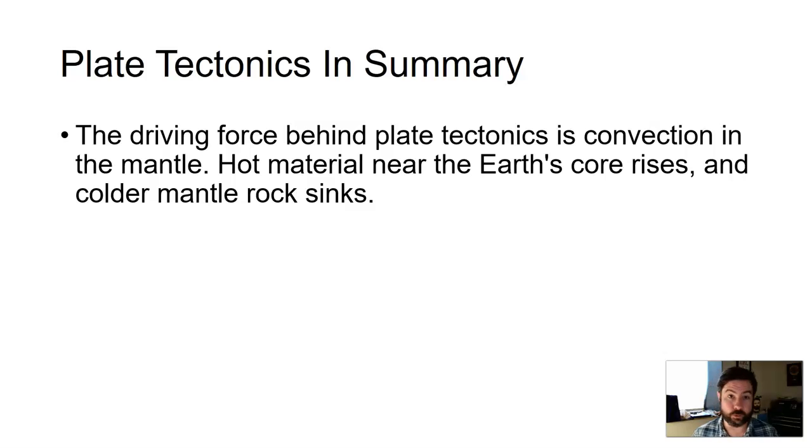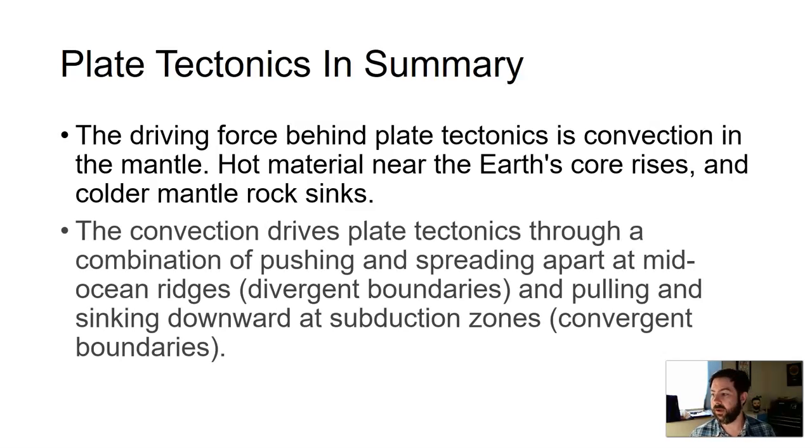The driving force behind all of this plate tectonics is convection in the mantle, so mantle convection. Hot material near the Earth's core rises and colder mantle material sinks down. So the heat inside the Earth from the core, left over from when it formed, from friction, from radioactive decay, eventually heats up the mantle material. Hot mantle material rises, sinks back down.